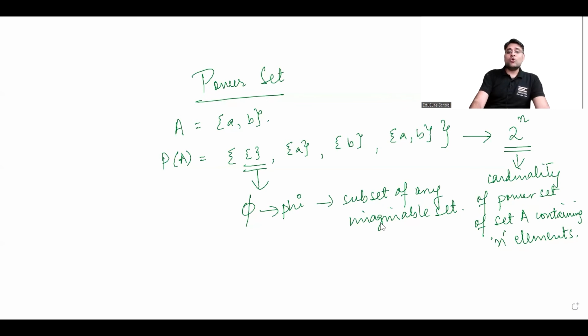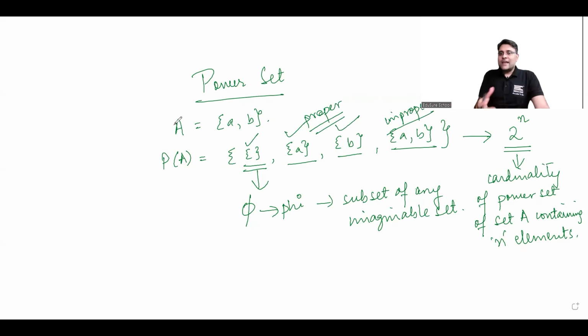This is one more category in the set of all sets. Basically, for a power set, the first, second, and third are proper subsets, and this {a, b} is an improper subset because this {a, b} is the set A itself.